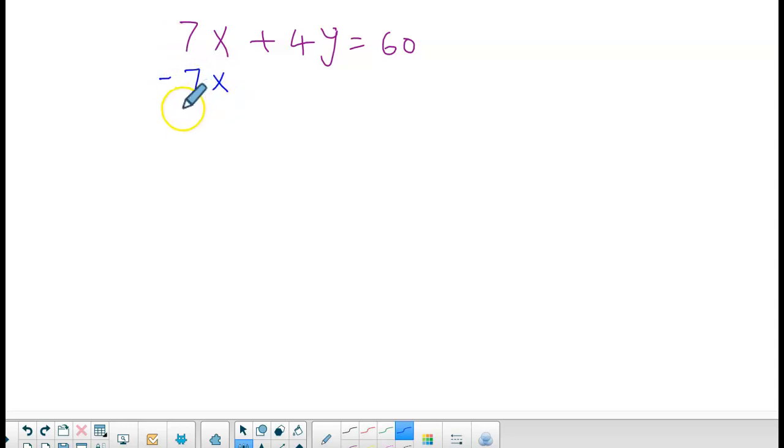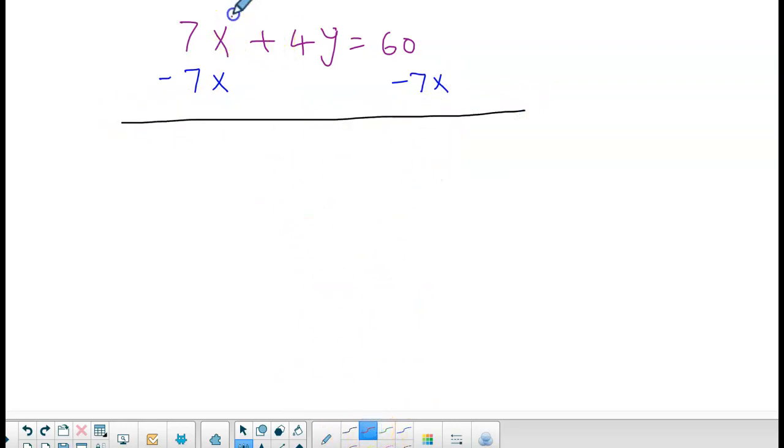So if I subtract 7x on the left hand side, I have to subtract the same 7x on the right hand side also. 7x minus 7x got cancelled, leaving behind only 4y is equal to 60 minus 7x.